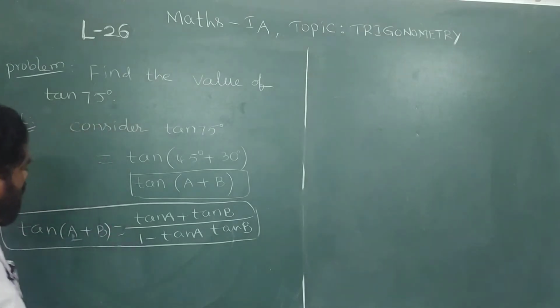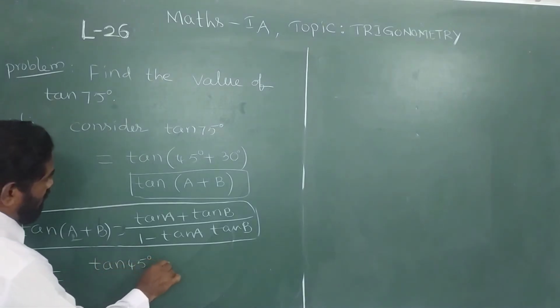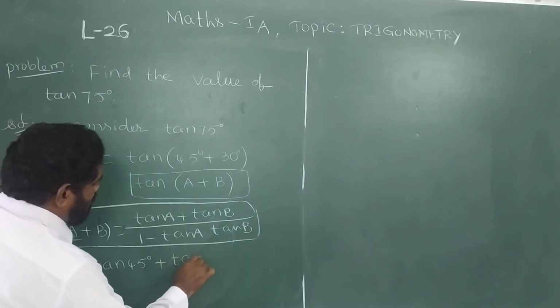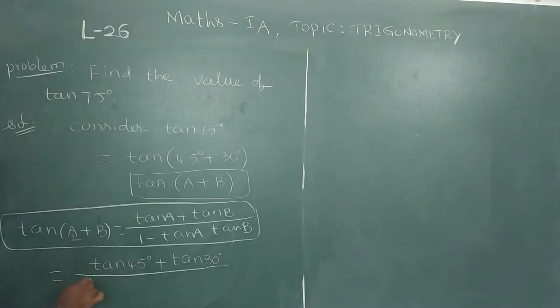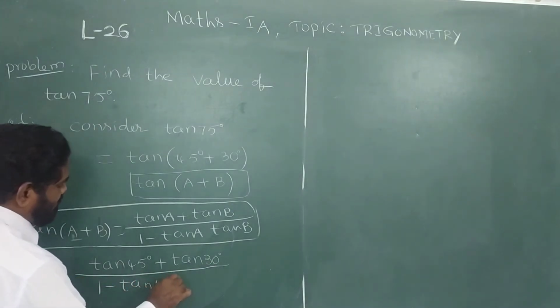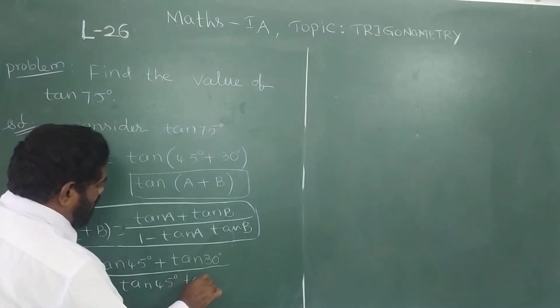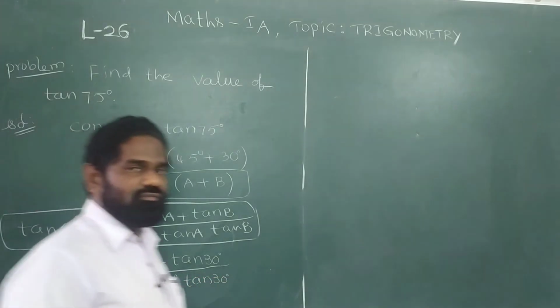Understand? Now this can be tan 45 plus tan 30 degrees all by 1 minus tan 45 tan 30 degrees.